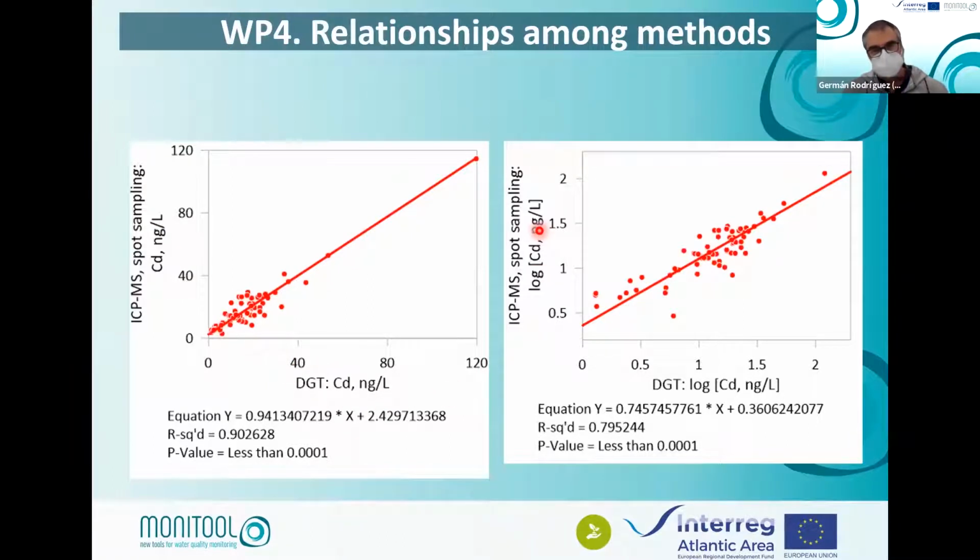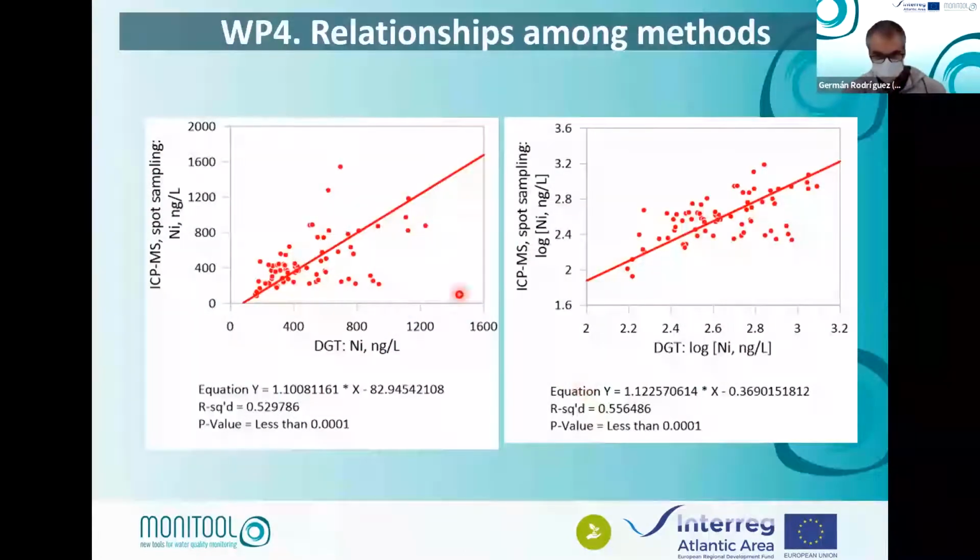On the right, it's the same data, but I have applied a logarithm. So this axis is the logarithm of DGT values, and this axis is the logarithm of the dissolved fraction content. There is also a strong relationship, either in a linear way or in a log-linear way.